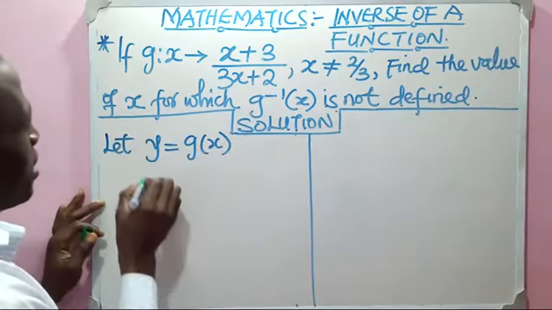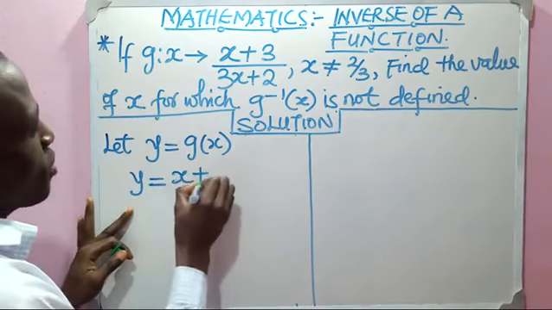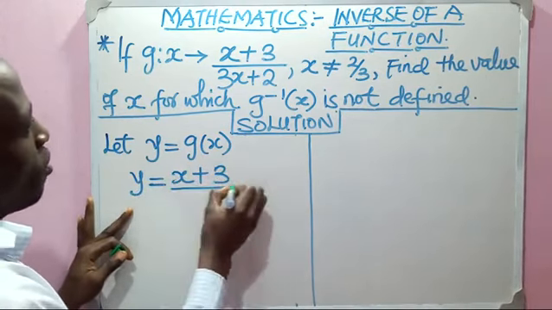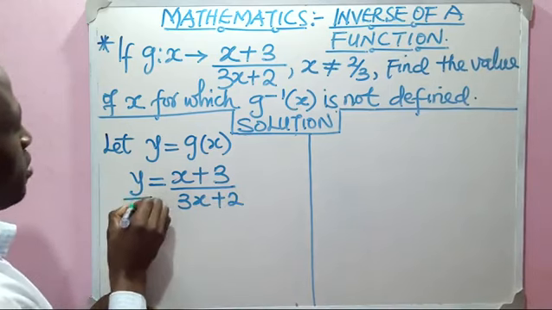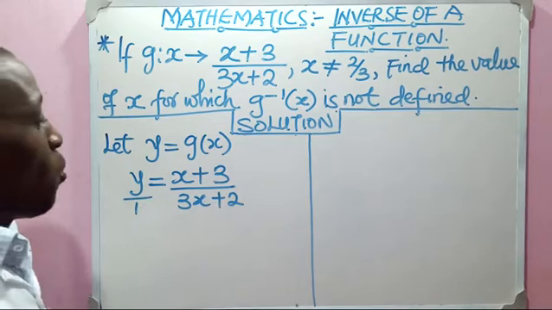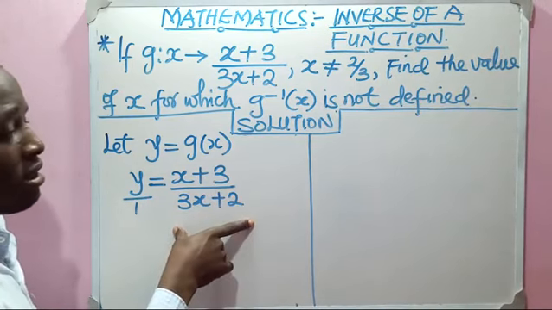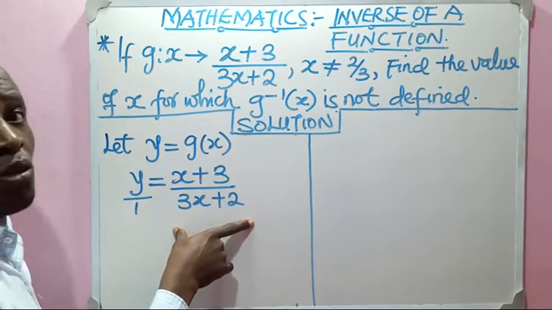That means y is equal to (x + 3) over (3x + 2). This is the same thing as y over 1. As it stands now, y is the subject of formula. Can you see it?